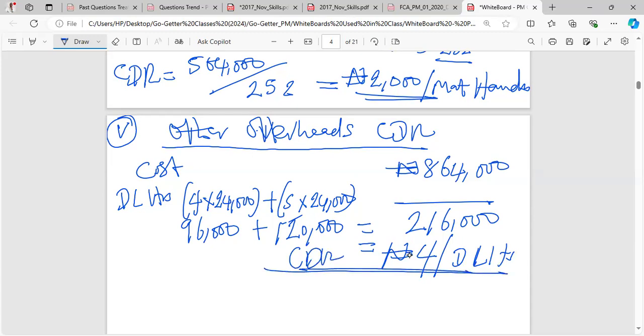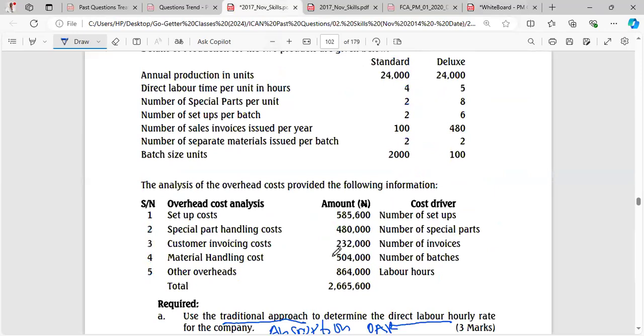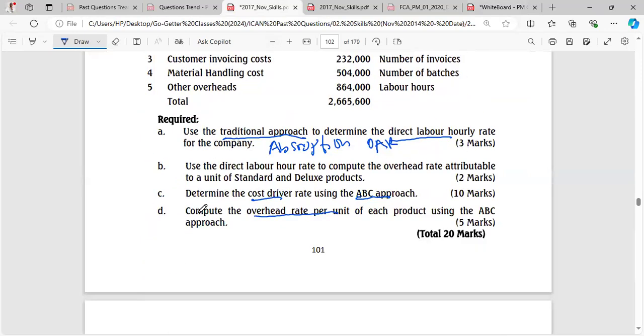Now that I have gotten all my CDRs, I have done the third part of the question. Now we are asked to compute the overhead rate per unit of each product using the ABC approach.